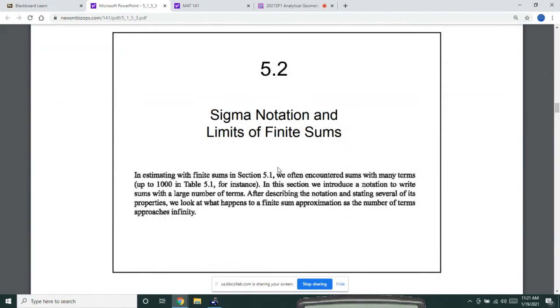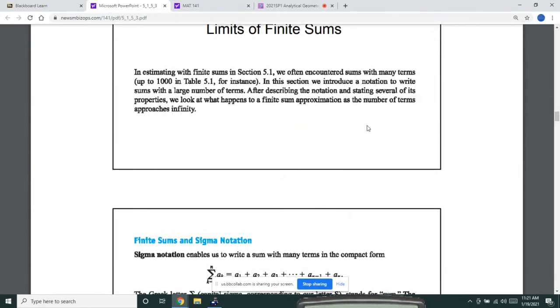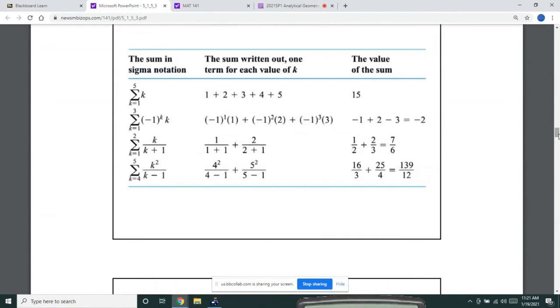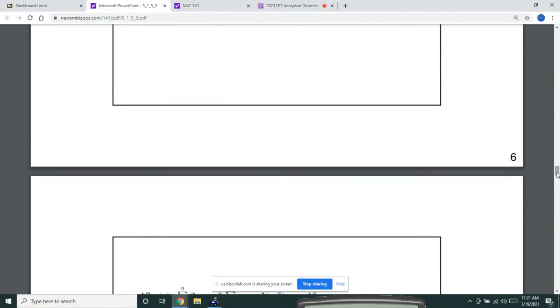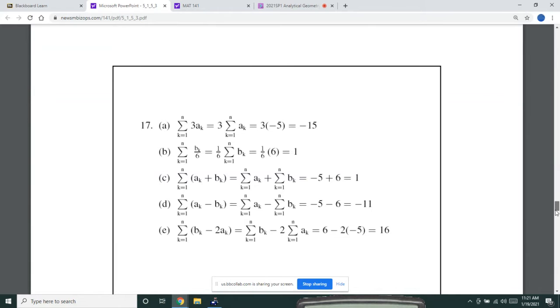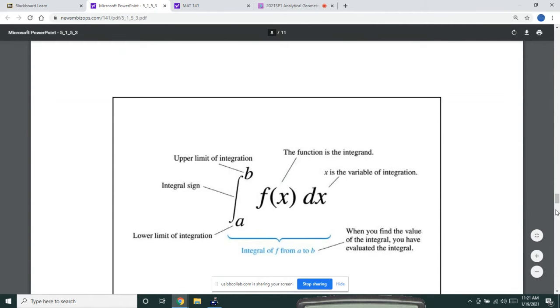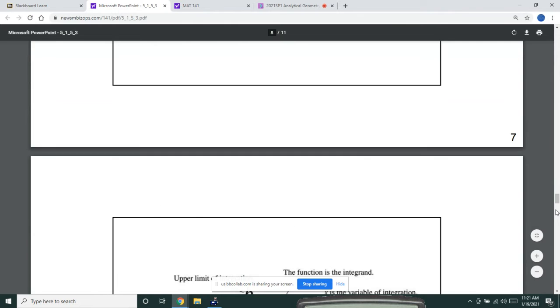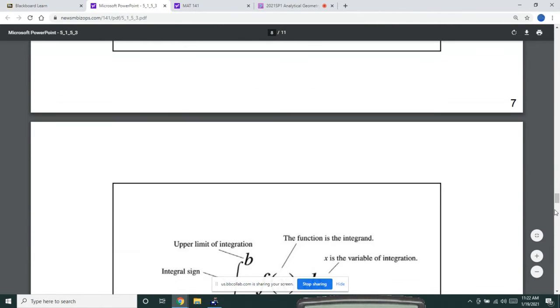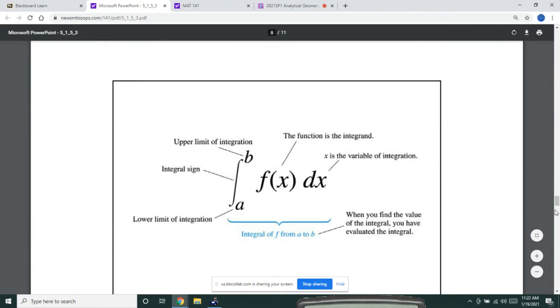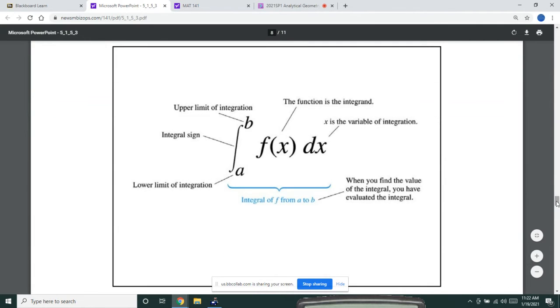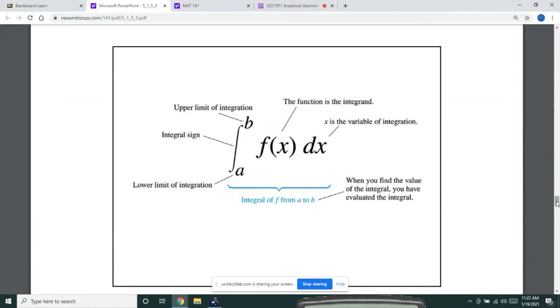All right, and we're going to talk about, I'm actually skipping over 5.2 momentarily. All right, and we're going to talk about the definite integral. All right, so this is the setup for integration.